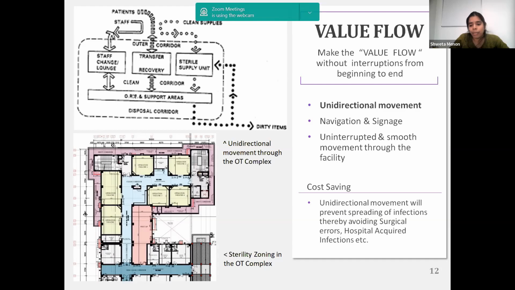Even a minor thing like maybe putting your doctor's lounge, which many doctors ask for, if that lounge has the facility to eat and has a toilet attached and all that, and if it is put within your sterile corridor, which is your OT corridor, that is also not good, because the food entering in, you have no idea what is there in it. And with a toilet there, a toilet is a source for infections also. And that is something that will cling on to the doctor, cling on to the staff or whoever it is, and they will come and they will spread it to the patient.